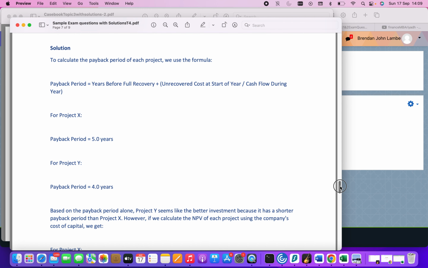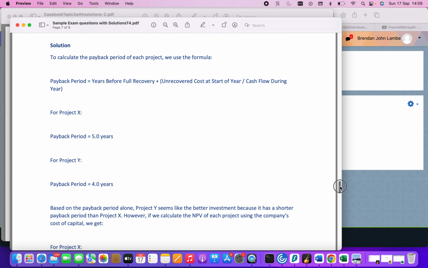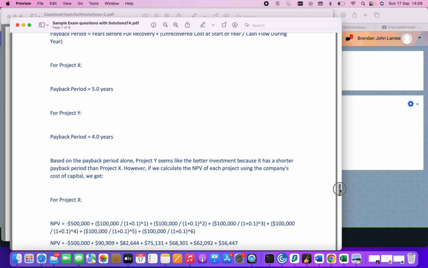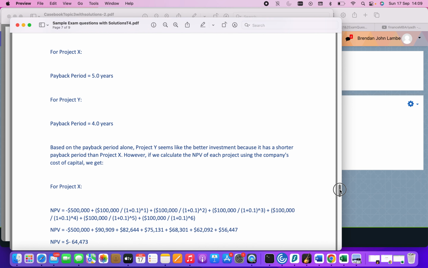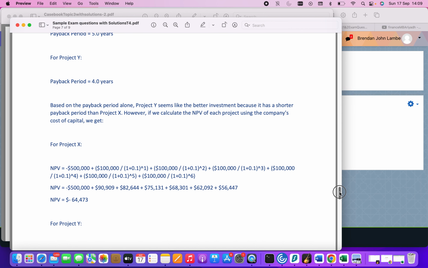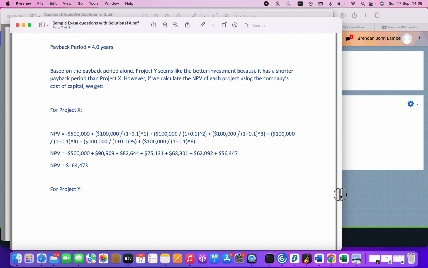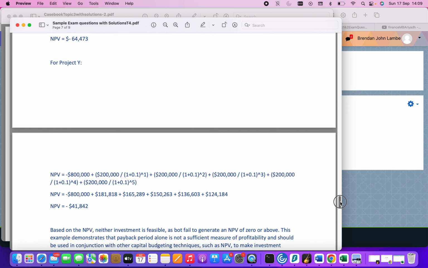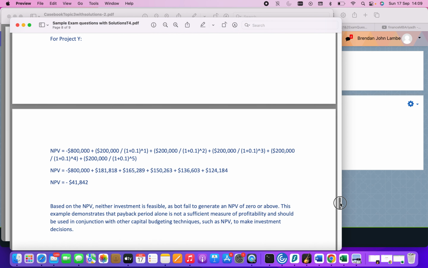But because it doesn't take into consideration the time value of money, let's see what we do when we calculate an NPV value. Our NPV value is calculated as we usually would, and we see that project X has a negative NPV value of 64.73, and for project Y we've also got a negative NPV value.